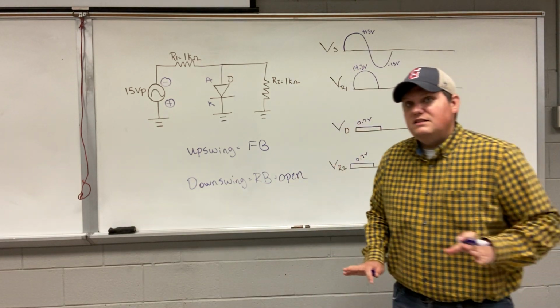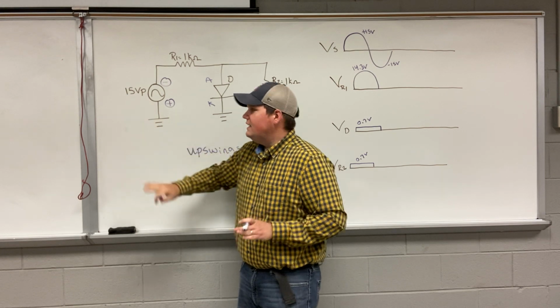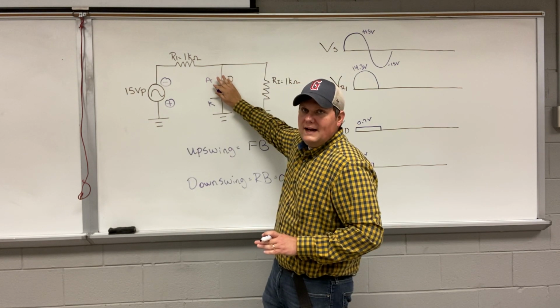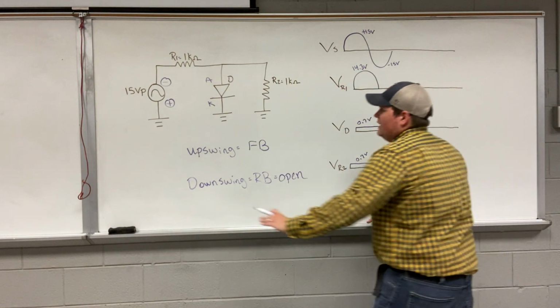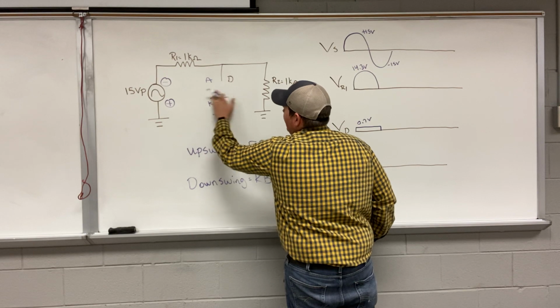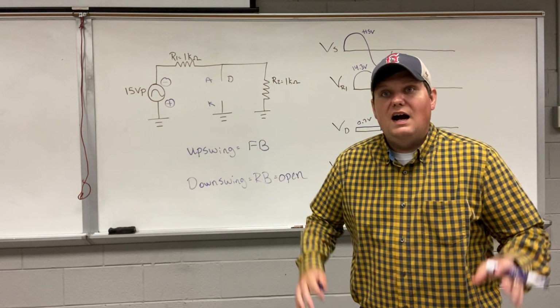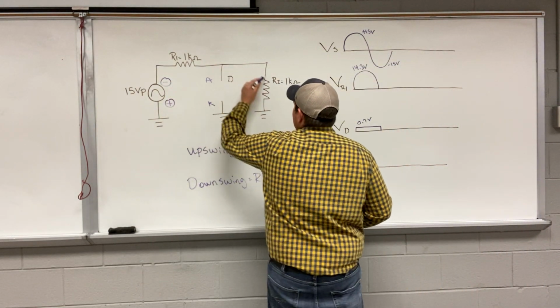That means that your source really isn't going to see the diode. So on the downswing, it's almost like the diode is not even there. So what am I left with? I'm left with a series circuit.